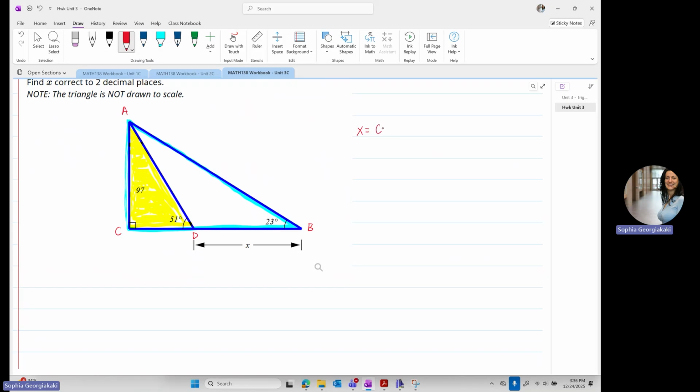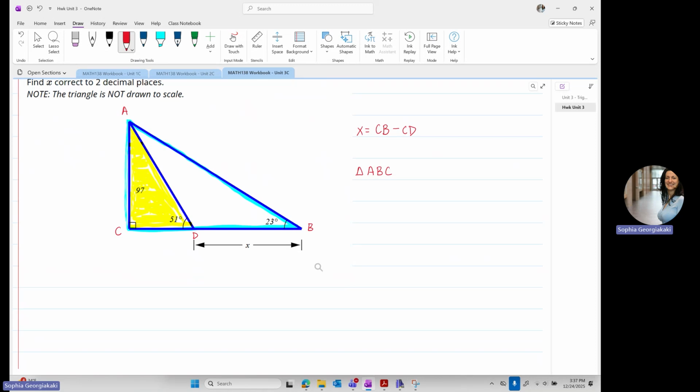CB, which is one of the legs of the large right triangle, minus CD, which is a leg of the smaller right triangle. So CB is in the large triangle, and that's the triangle ABC.